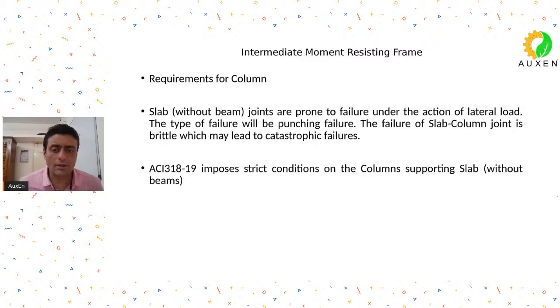And because of the lateral loads, because of the drifts, there will be an increased tendency that the column might fail under the effects of punching due to increased drifts under earthquake. So all the clauses that we will now discuss would be focusing more on the punching criteria, and they would try to ensure that punching is averted.